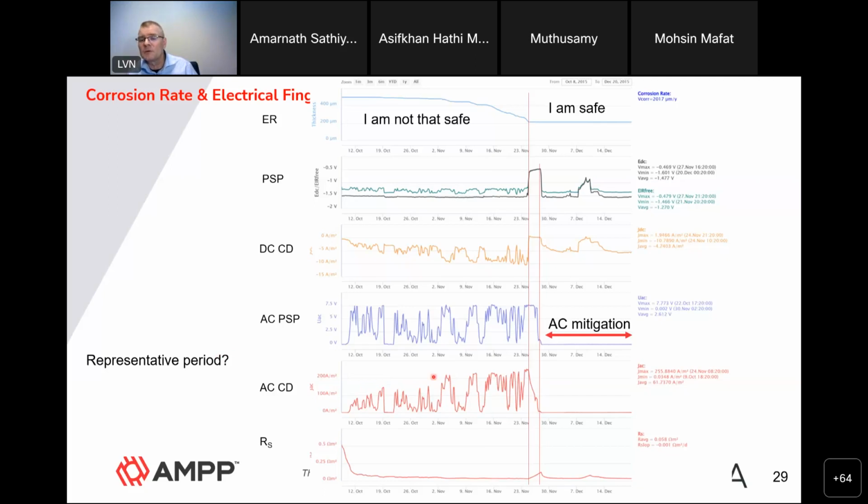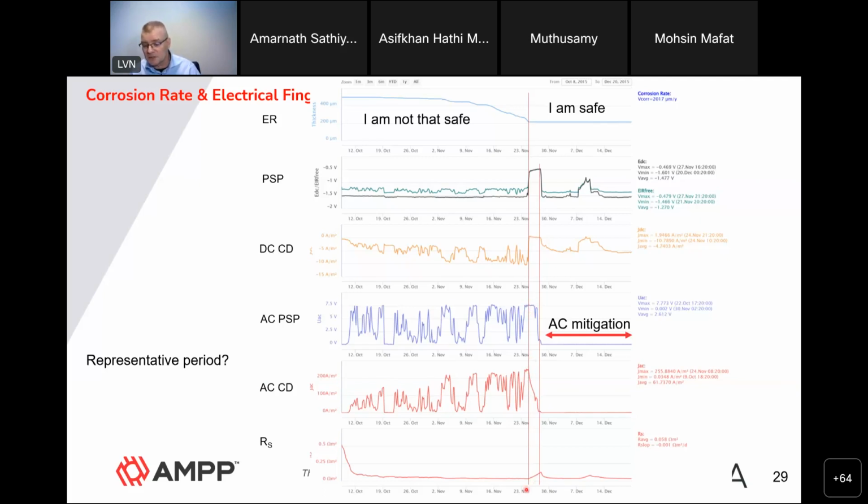If you do have a look at this particular period between the two lines, you will also see that the AC current density here, despite having the same level of AC pipe to soil potential, is heavily decreasing. And that's because of that effect of the DC current density on the spread resistance.